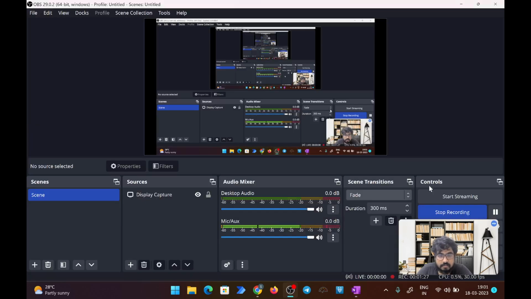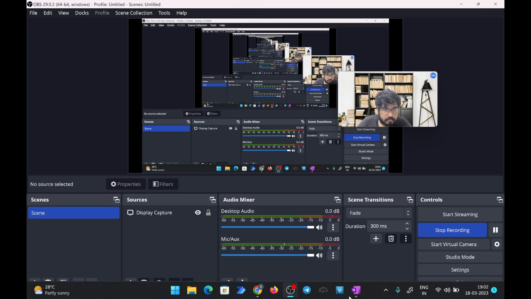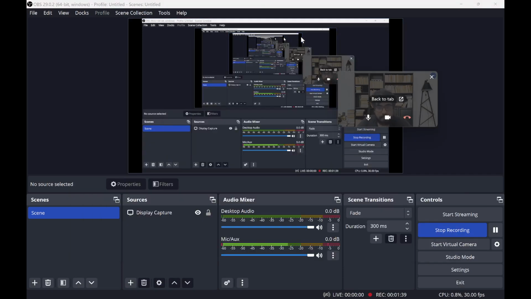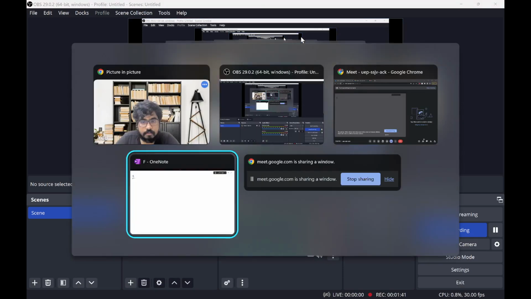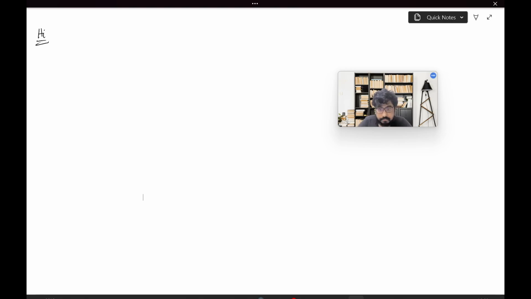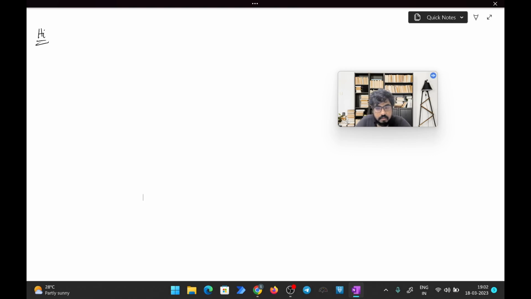Let me hide the taskbar as well. I hope everybody can see the screen.